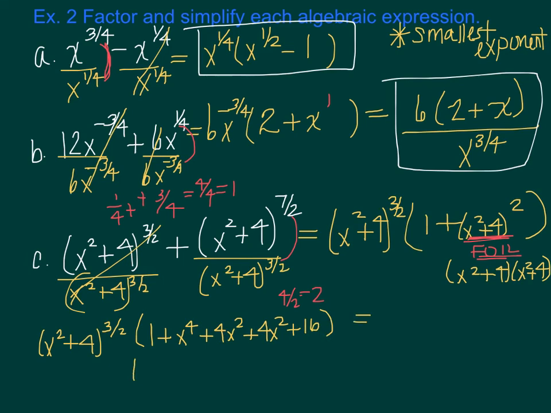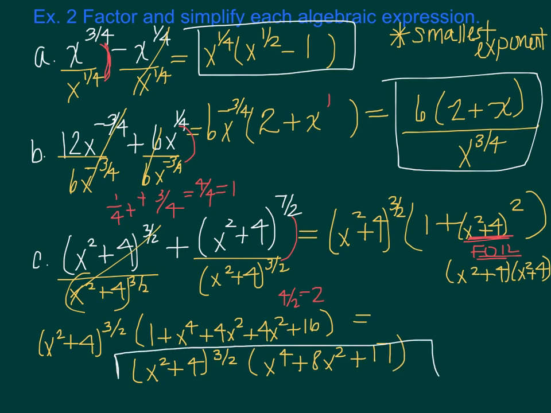Now combine like terms. Write your first factor over. You get x to the 4th plus 8x squared plus 17. And that, my friends, is factored completely. And I just messed up my 17.